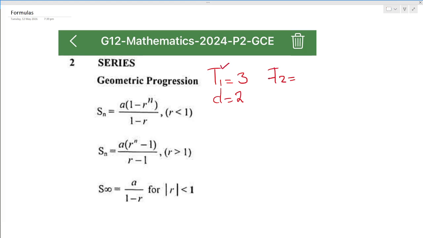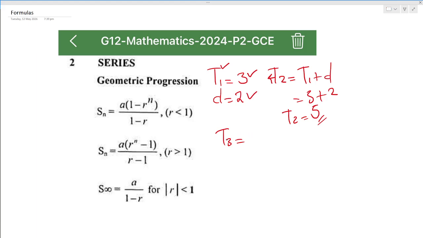The term right before what? Right before the second term. So meaning it's going to be T1 plus the common difference, which is going to be T1 is 3, 3 plus the common difference, which is a 2, giving us a what? T2 as 5.